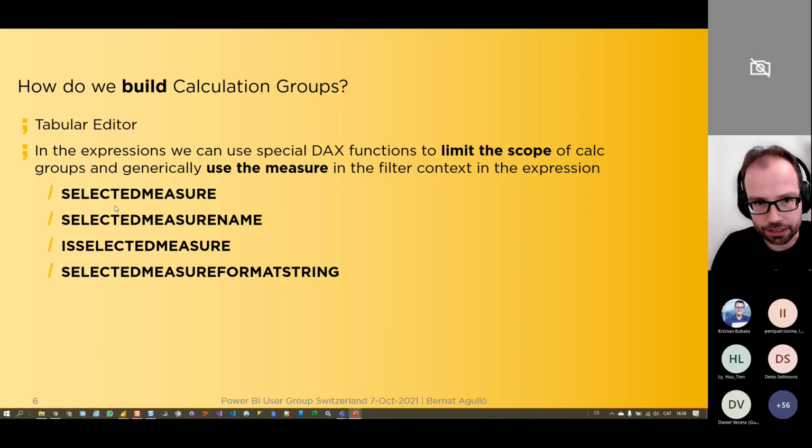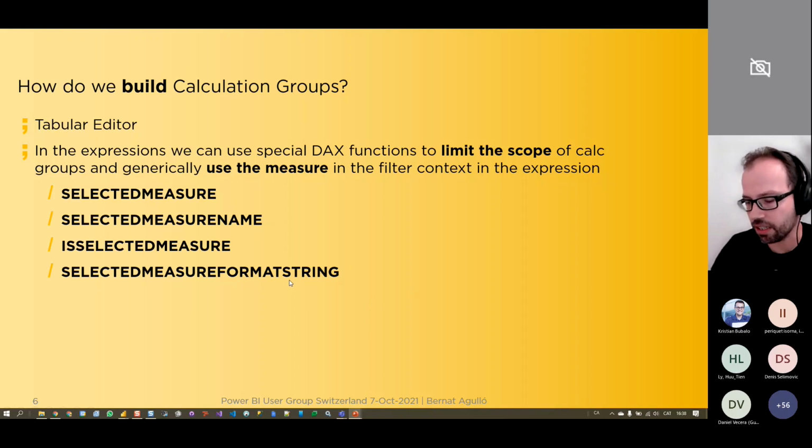Now, in the same way that you can use selected measure to return the measure that you have, you can also do the same for the format string. If you don't want to modify the format string of whatever comes out of your calculation group, you go to the format expression and you say, okay, selected measure format string, just as it comes, return it. But you can do other things.